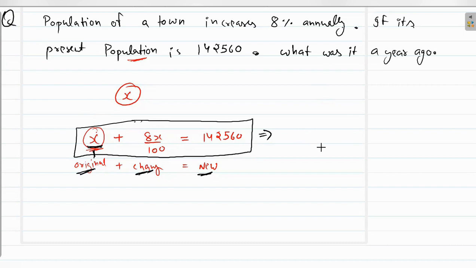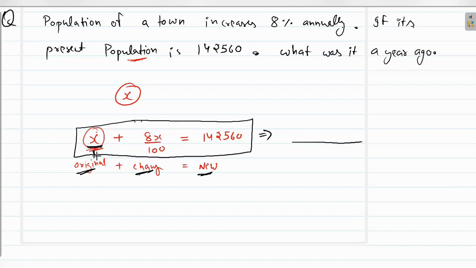Do we take the LCM for the numerator or for the denominator? Denominator. So why are you taking it for the numerator?